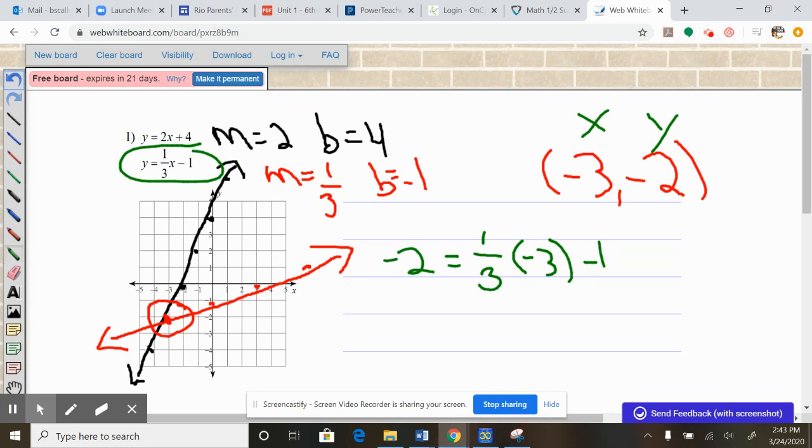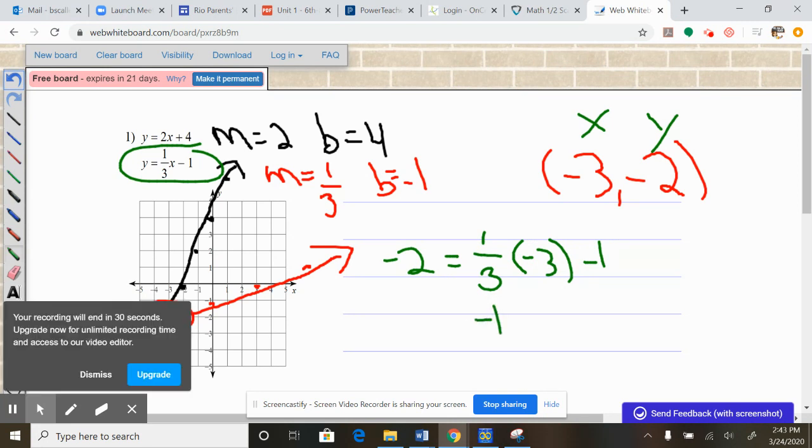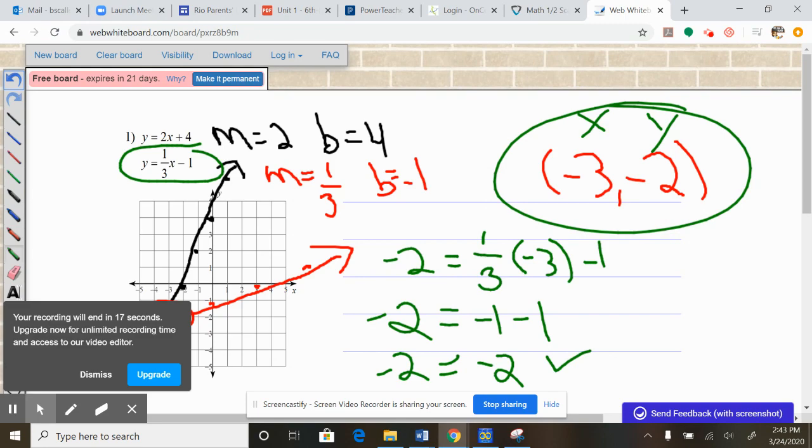Well, 1/3 of -3 would be -1. So on the right side, I have -1 minus 1, which is -2. So again, I get a true statement. That is a solution to both equations.